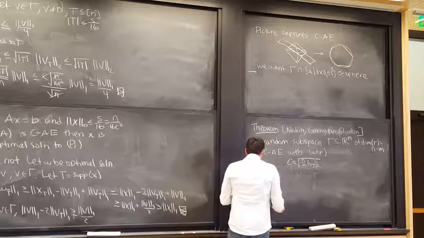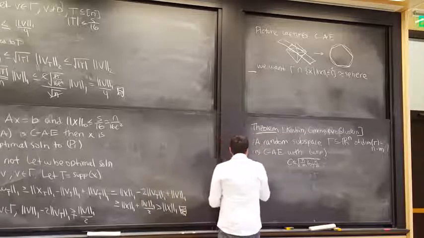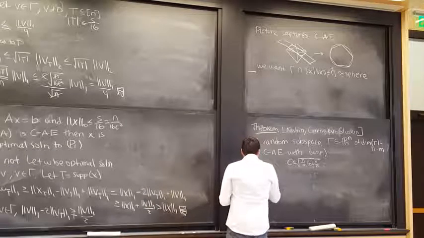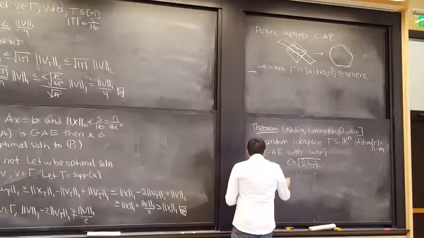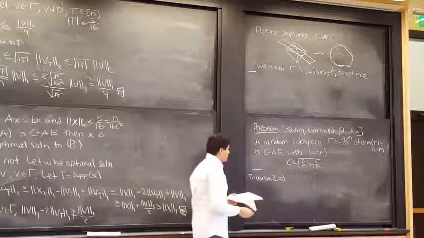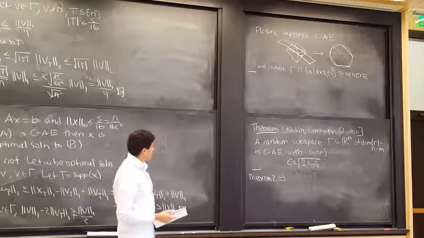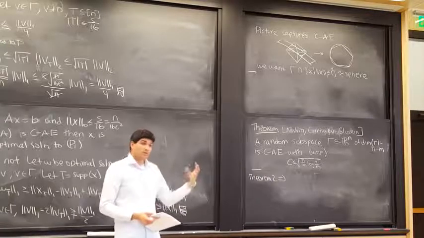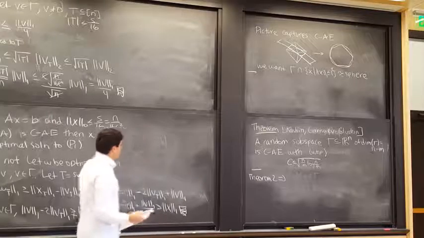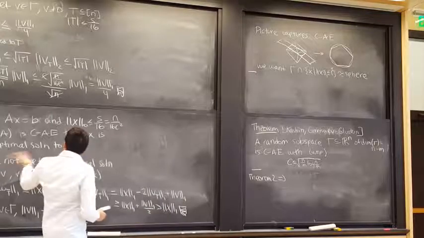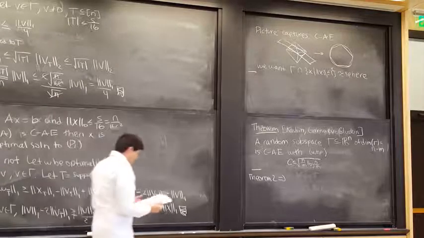My claim is that, at the end of the day, what theorem 2 implies, plus this result, tells us that a random subspace is good. So we would just take our matrix A to be the matrix with this as its kernel. And then theorem 2 tells us that such things are actually good for sparse recovery.